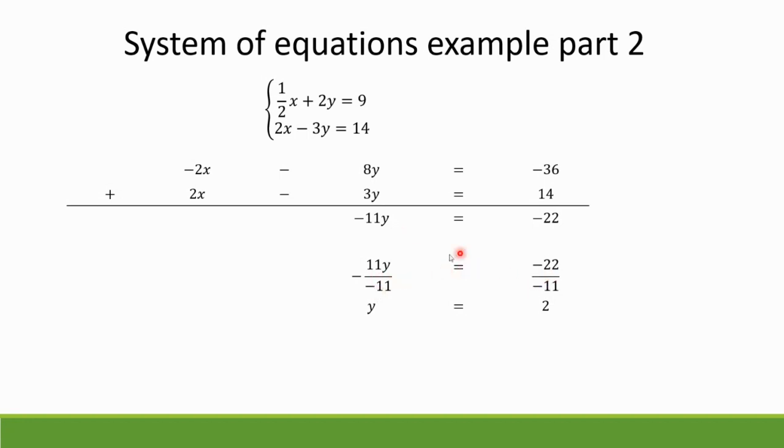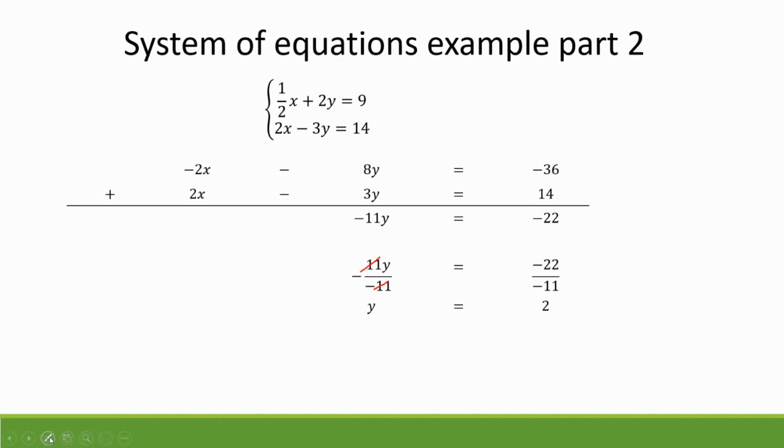Doing so, we get y on the left, because the -11s cancel, equals -22 over -11. We get 2.